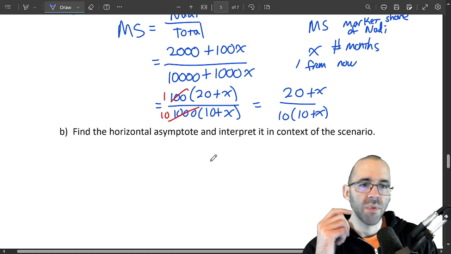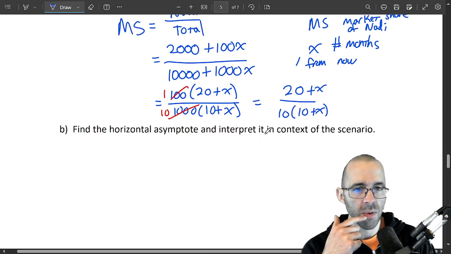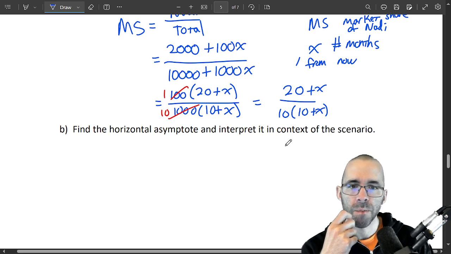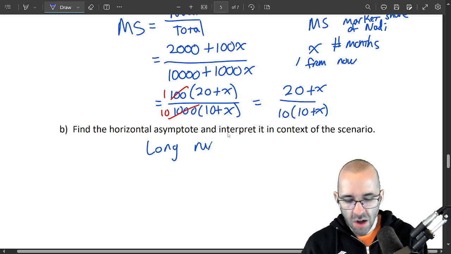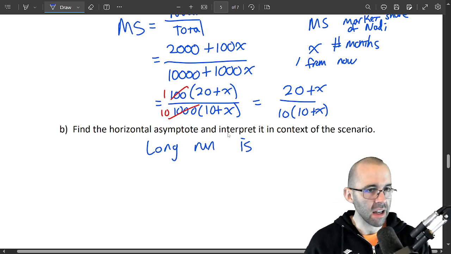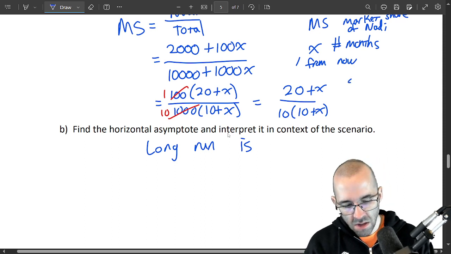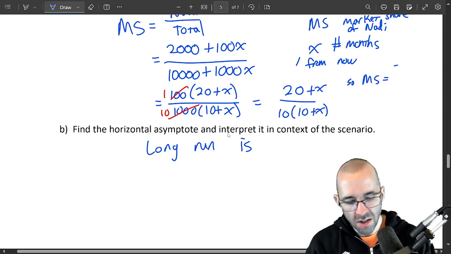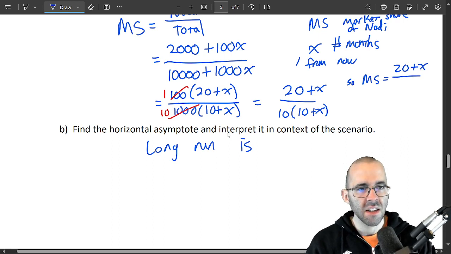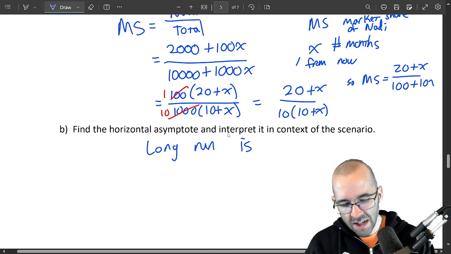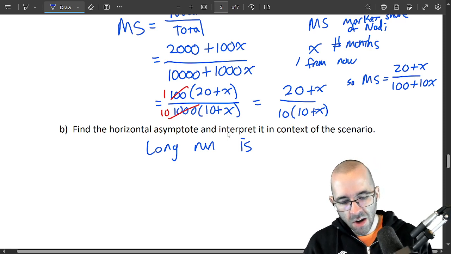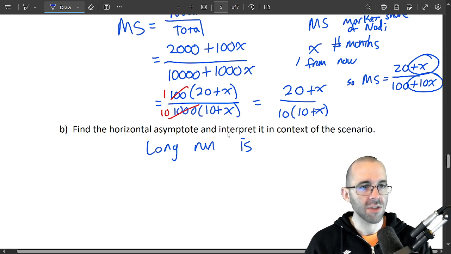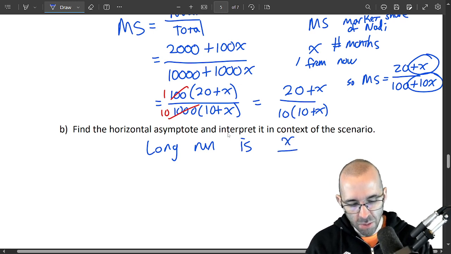All right, so find the horizontal asymptote and interpret what it means in the context of the scenario. Horizontal asymptote, we need to look at long-run behavior. Long-run behavior is the long run of the leading terms. Let's distribute then. Our market share is 20 plus x over, hard to find the leading term of the bottom, so let's distribute that bottom: 100 plus 10x. This is our market share function. So it's going to be the same as the long-run behavior of the ratio of the leading terms, just x over 10x.